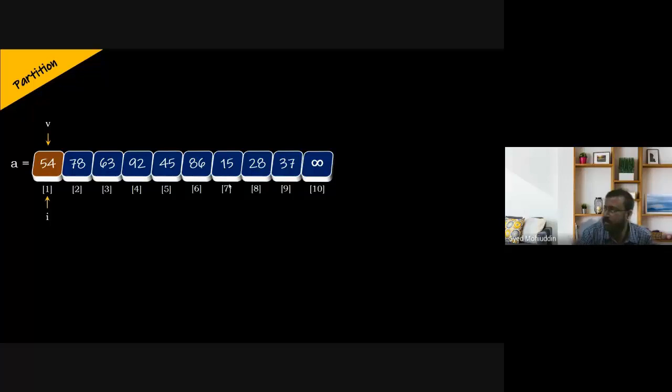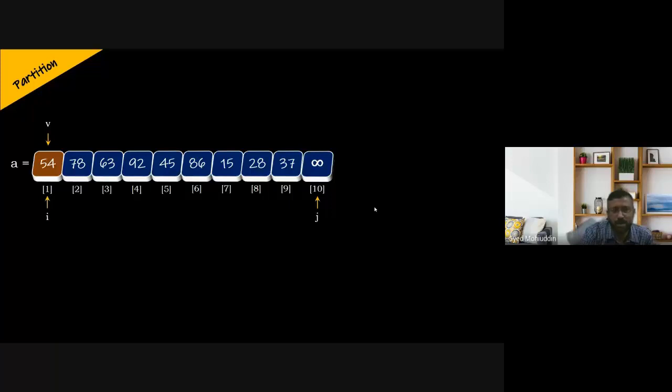Next, we take a variable j, which will be pointing to the last element. Obviously, when we have added an element, that element becomes the last element. So the j variable will be pointing to index 10.